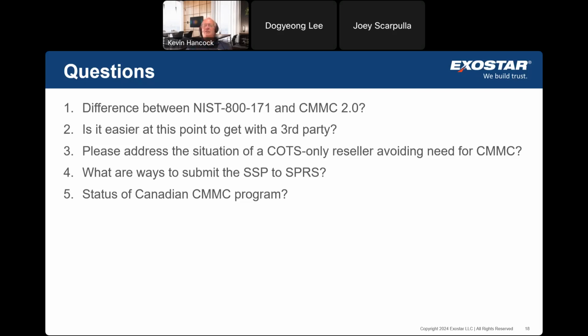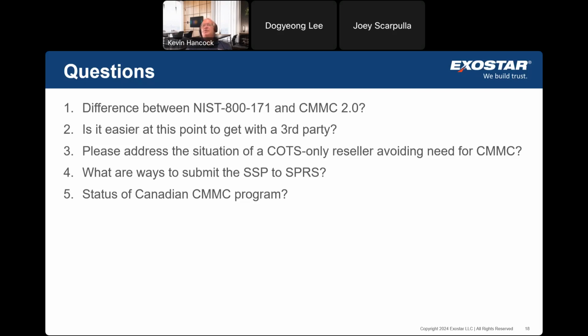Cybersecurity maturity model certification. That's the overall program. As part of that program, for level 2, you have to satisfy NIST 800-171. So that's the standard for level 2 of CMMC.